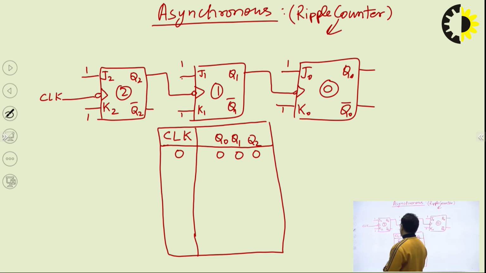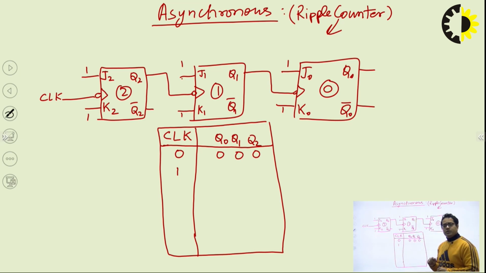Now when we apply the first clock pulse, we give a negative triggering to this flip-flop, and it reacts on the input combination 1 1. For input 1 1 the JK flip-flop toggles its past value. The past value was 0, so it toggles to 1. We now have 1 0 0.